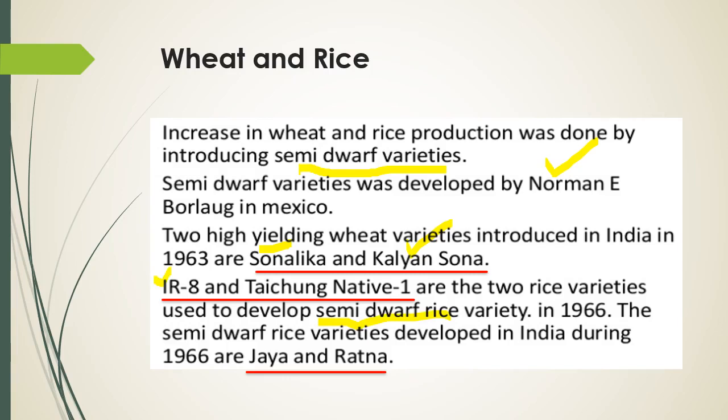The semi-dwarf rice varieties developed in India are Jaya and Ratna. So the two Indian varieties of wheat are Sonalika and Kalyan Sona, and the two varieties of rice in India are Jaya and Ratna. And what is the important quality? They are semi-dwarf varieties.